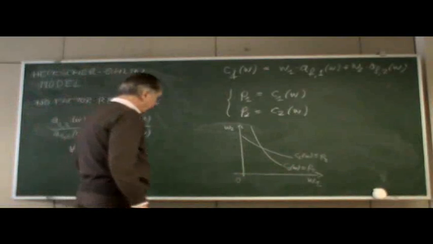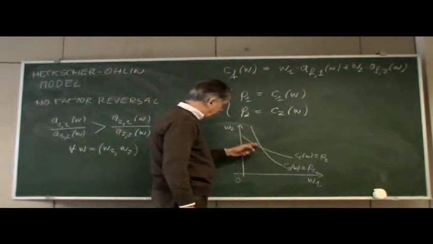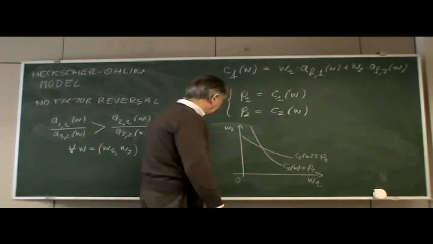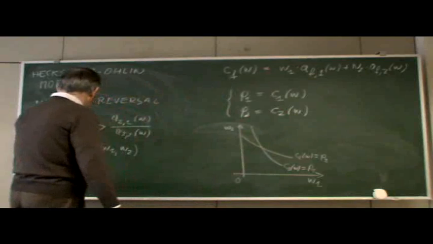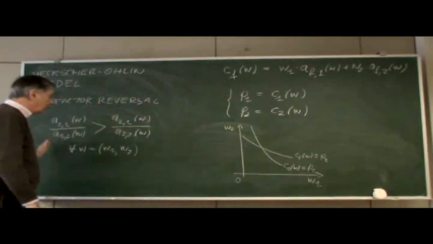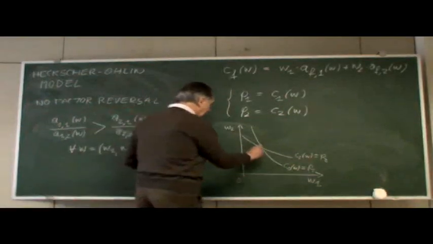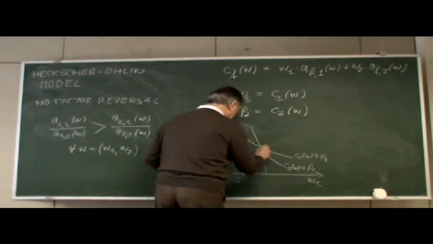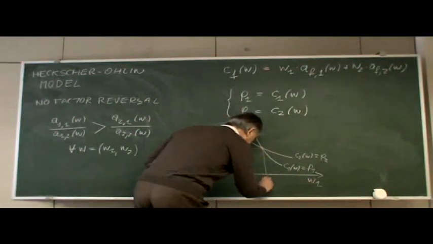Note that the slope of this curve is greater than the slope of the other. It depends, obviously, on this inequality. We have equilibrium in this point, when our two curves intersect.